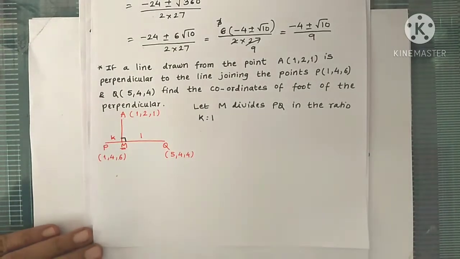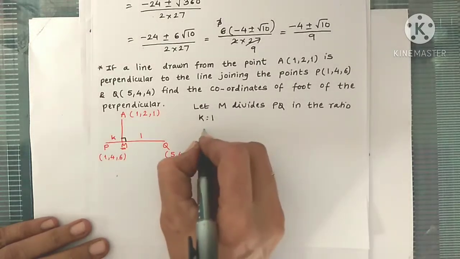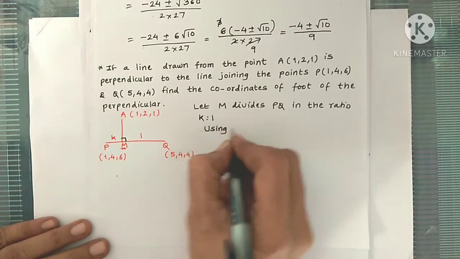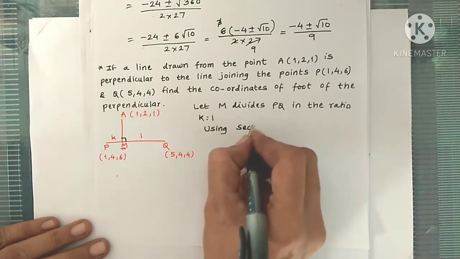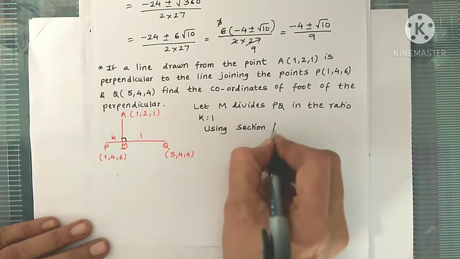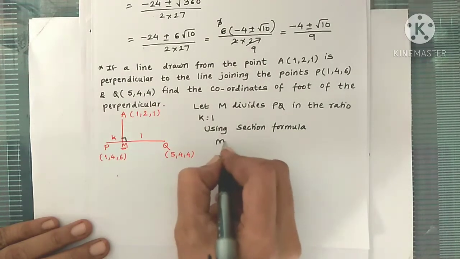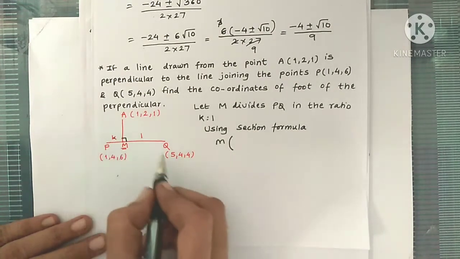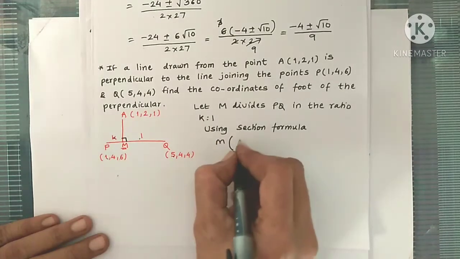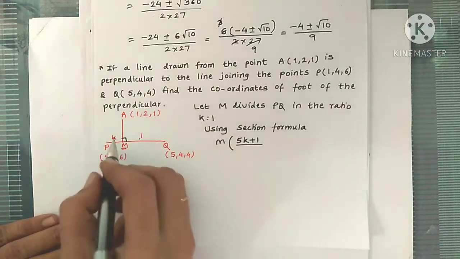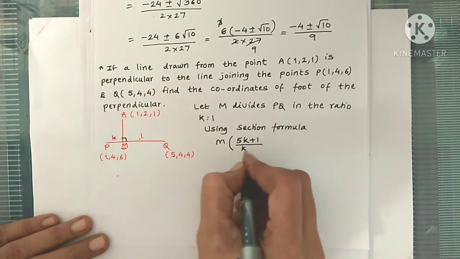For that, first let's find the coordinates of M using the section formula. Using the section formula, the coordinates of M, as the ratio is k is to 1, the x coordinate is k into 5 plus 1 into 1, that is 5k plus 1, divided by m plus n, which is now k plus 1.